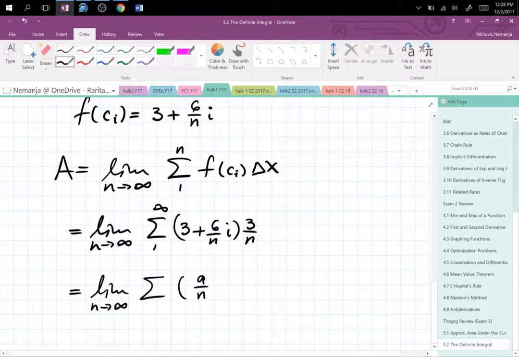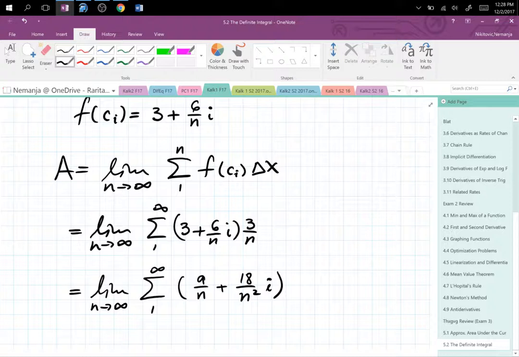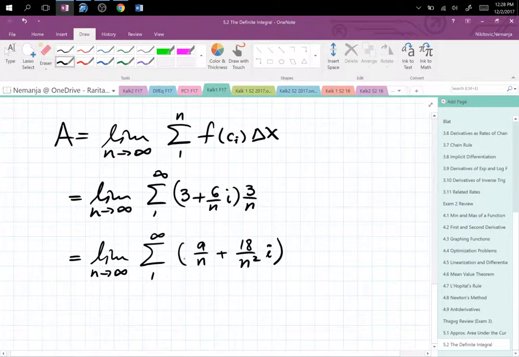So 9 over n plus 18 over n squared I when you distribute everything. How do we take the limit of a sum? Well, these are the formulas that I did not talk about earlier. You see, we cannot take the limit of the sum because the sum has the counter I equals to 1.